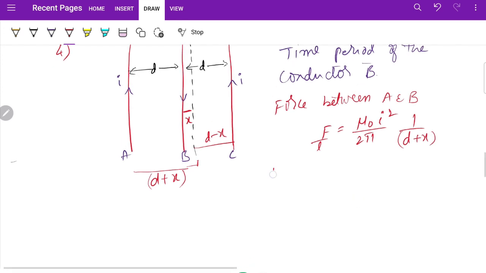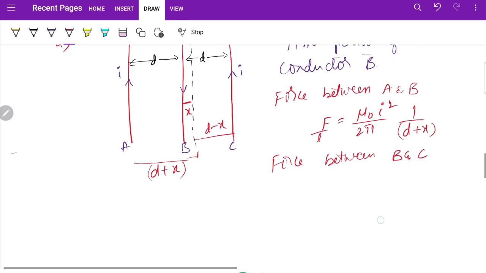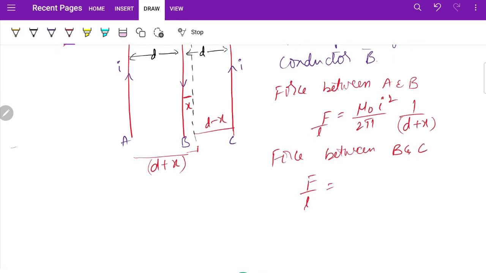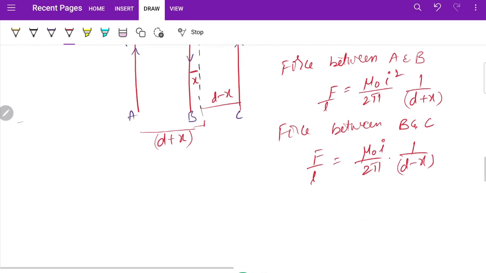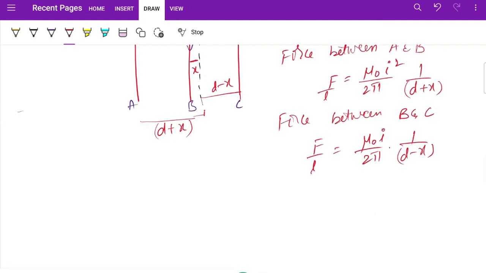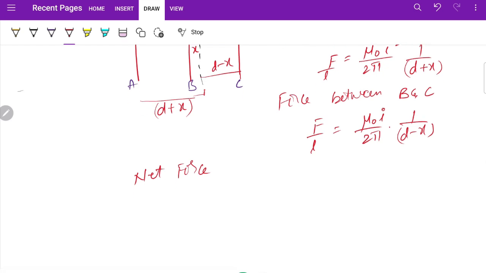And similarly, the force between B and C, force per unit length. It will be the same magnitude, but the distance will be different, so d minus x. Okay. So then what is the net force acting on B? F net.